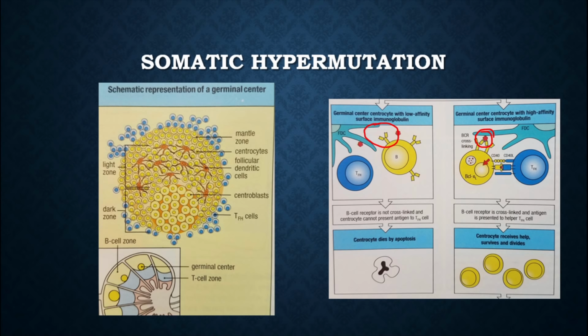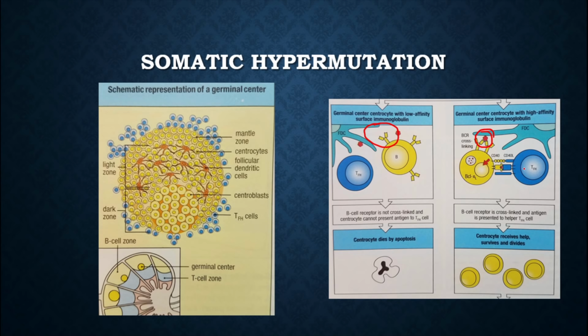So we lose a ton of B cells in this activation pathway because random chance says that you're probably not going to get one that's more selective. But this also allows for the antibodies to mature and become really, really selective, which is important when we're dealing with toxins. You want your antibodies to be super selective to whatever pathogen you're fighting. And this somatic hypermutation is how we do that.